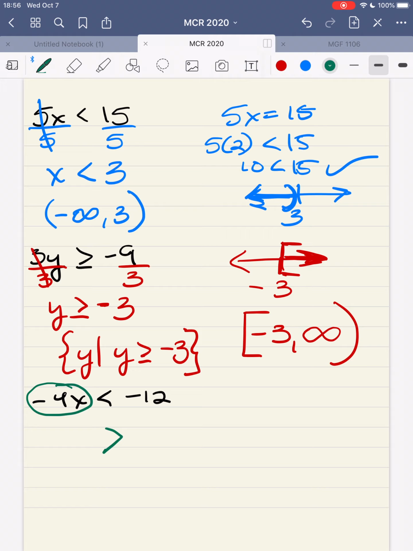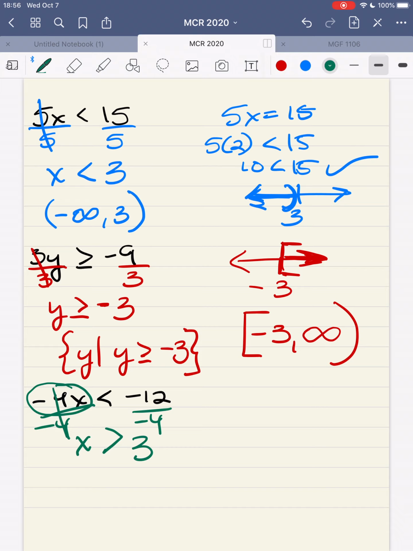So this was negative 4x is less than negative 12. It must switch to greater than. Okay? And if we follow the same solving rules and divide by negative 4, that means x is greater than 3.